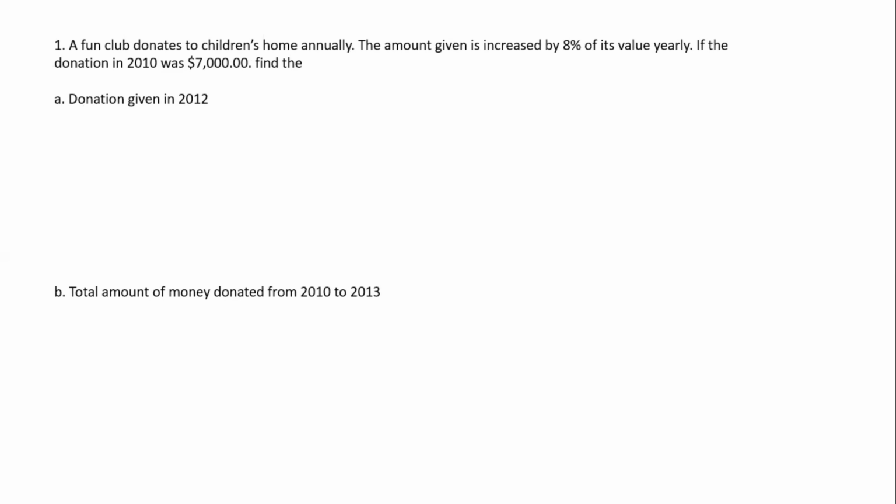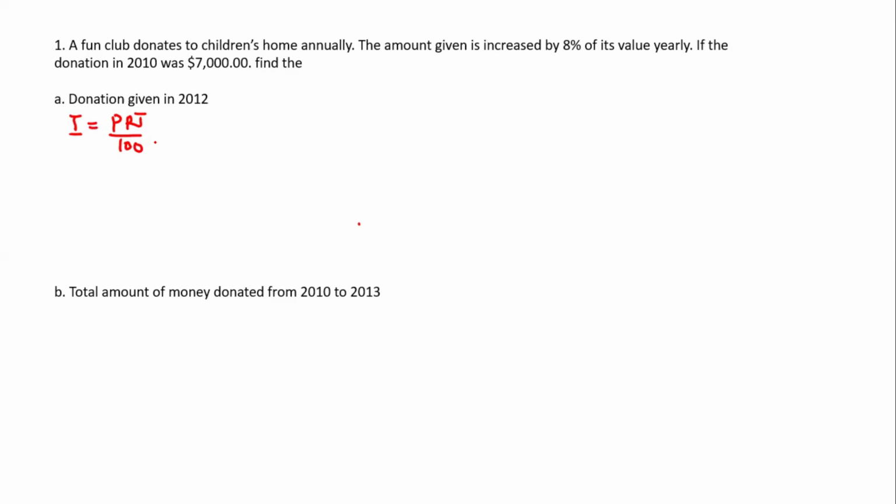This question can be solved using the simple interest concepts. The simple interest concept says that interest is equal to principal times rate times time over 100. But the question is asking us to look for the amount that was donated in 2012.